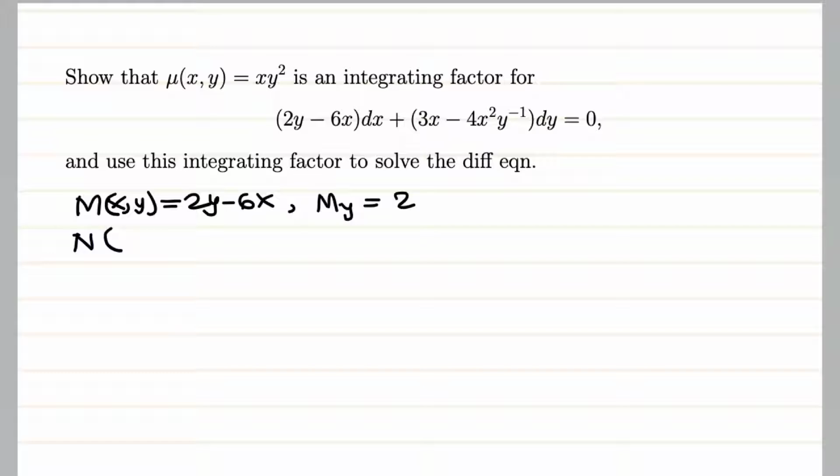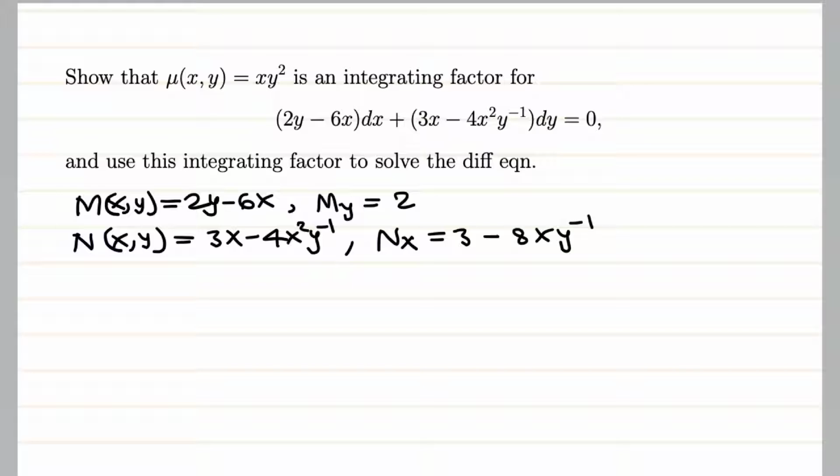And N is given as 3x minus 4x squared y to the negative 1. Now let's find the partial with respect to x. 3x gives 3, minus y to the negative 1 is like a constant, 2 times 4, 8x y to the negative 1. Clearly these two are not the same, so not exact.